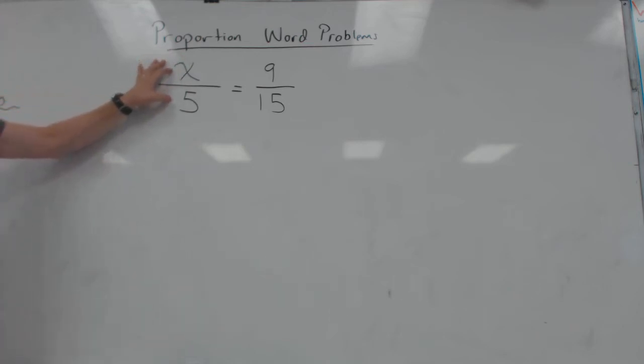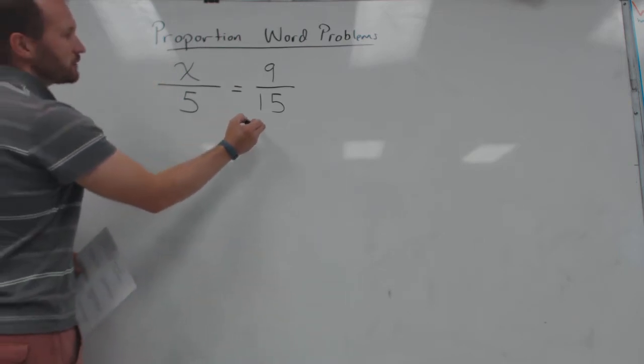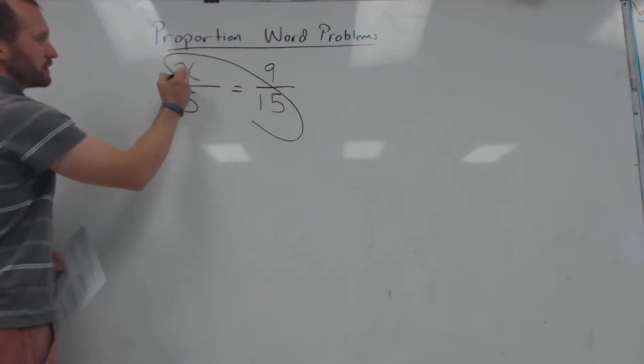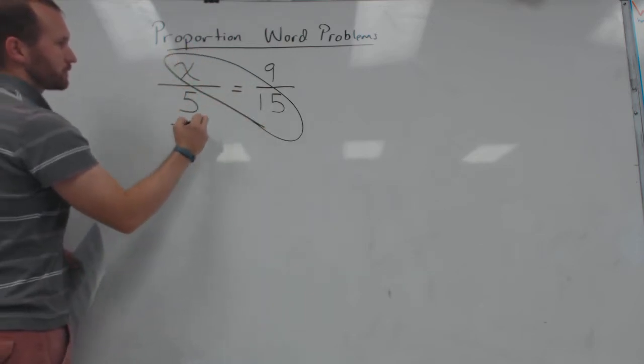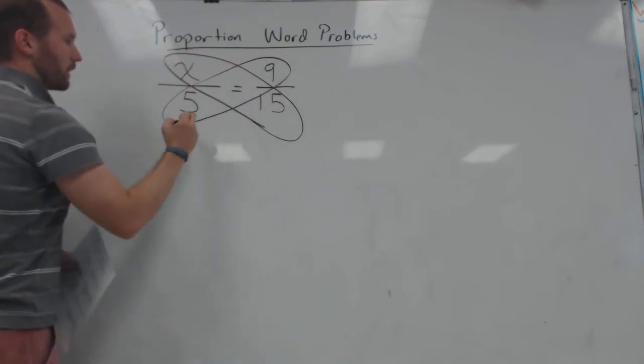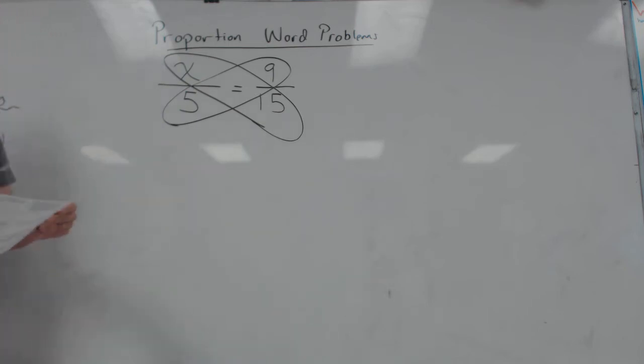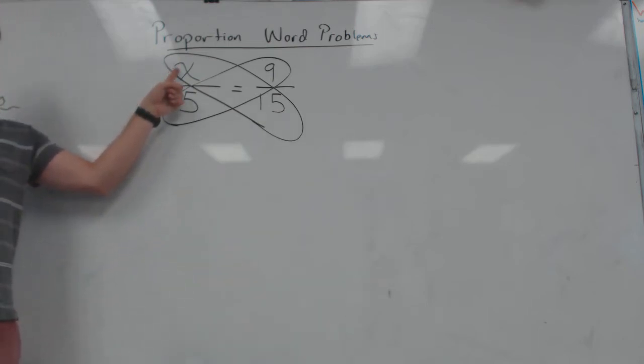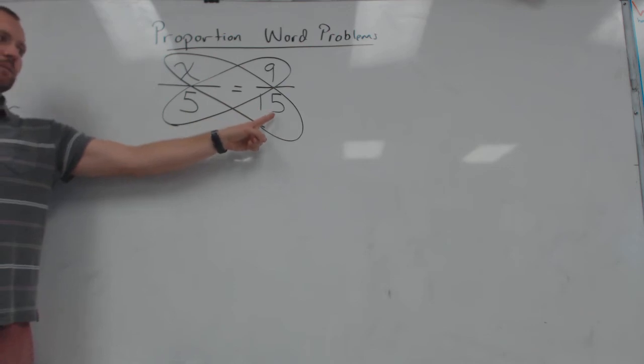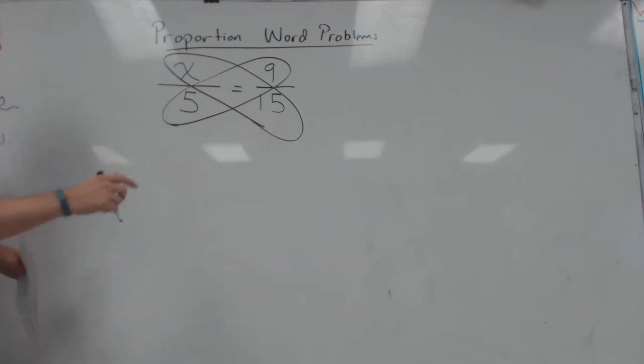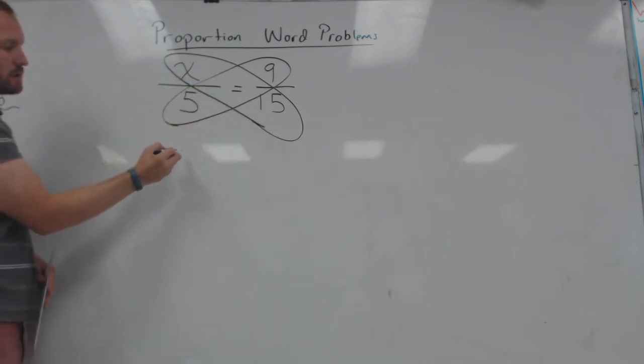The way that we solve these in algebra is to do something called cross multiply. When you cross multiply, I like to draw this little diagram. You multiply the top of your left-hand side times the bottom of your right-hand side. So that's x times 15, which is 15x.